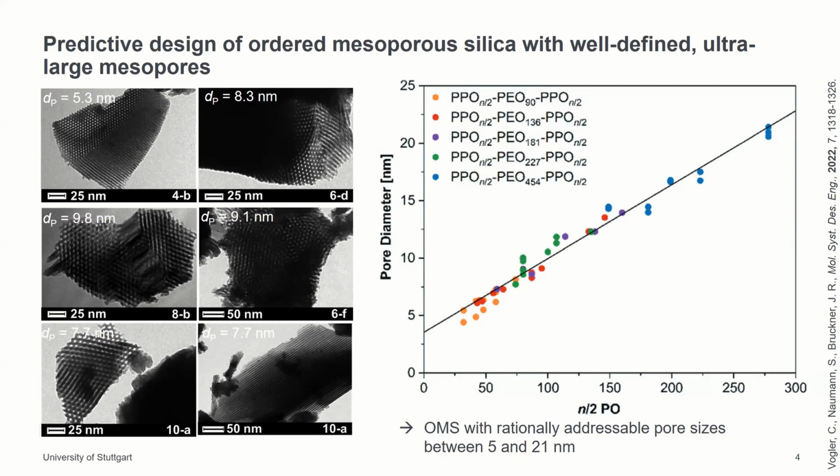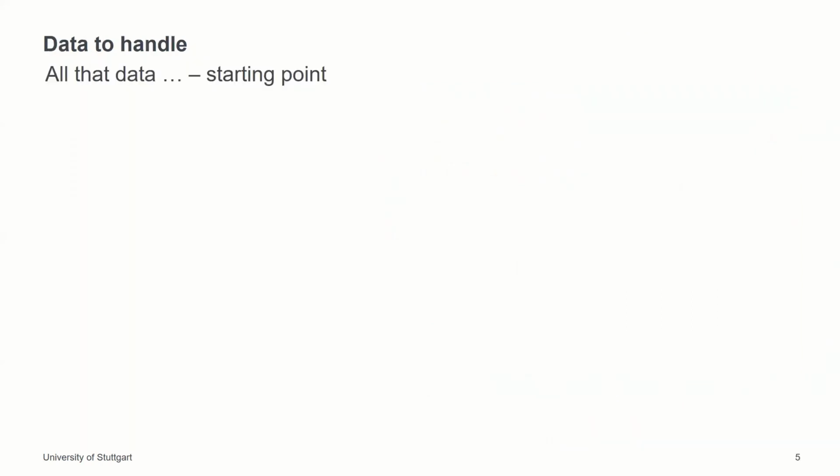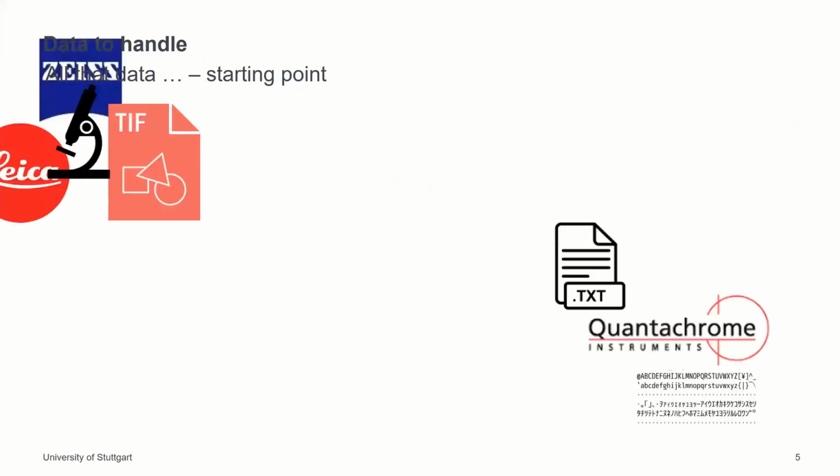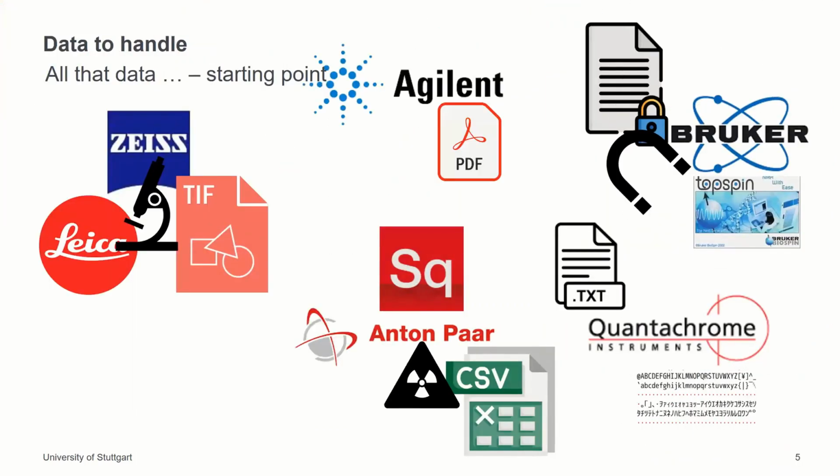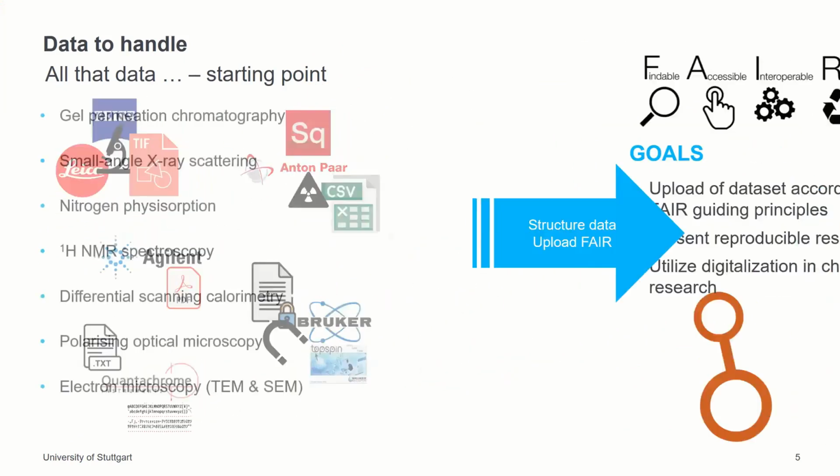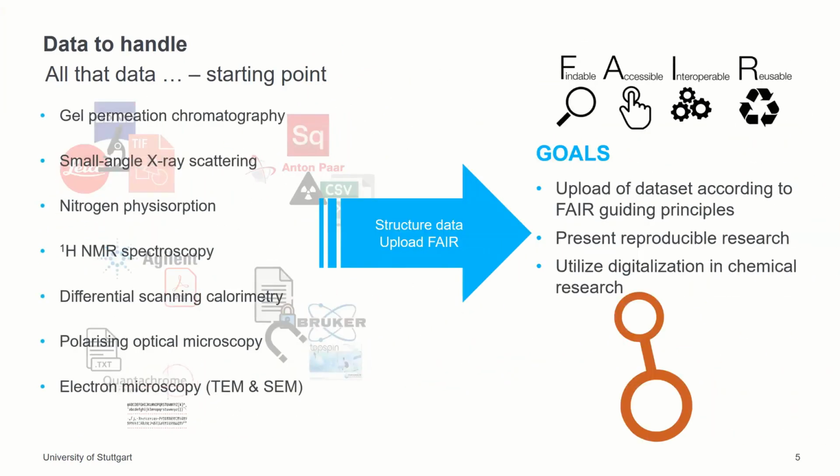So now let's go to the data management. And here we really have a lot of different data. As we are working in physical chemistry, of course, we do a lot of characterization. And so we have the data from the synthesis of the reverse pluronic.